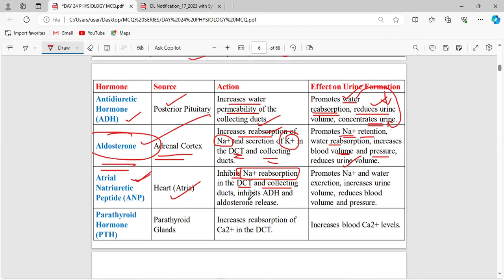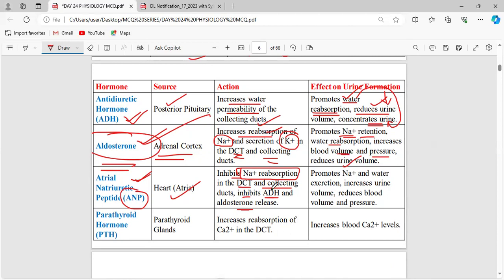Aldosterone. Okay. Now it also inhibits ADH, the antidiuretic hormone, and aldosterone release. So this ANP is the one finally regulating both antidiuretic hormone and aldosterone. We can also say that it is a negative feedback mechanism.